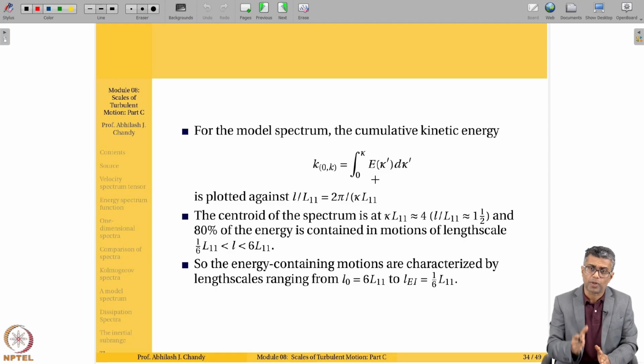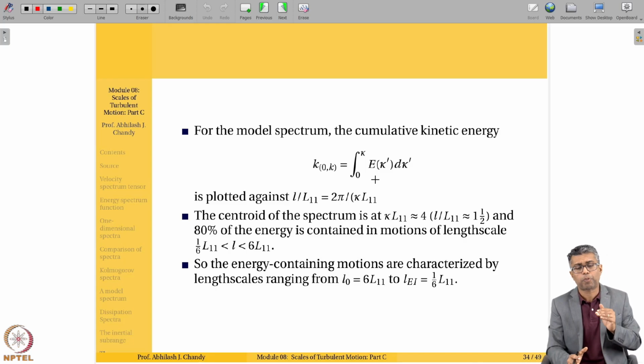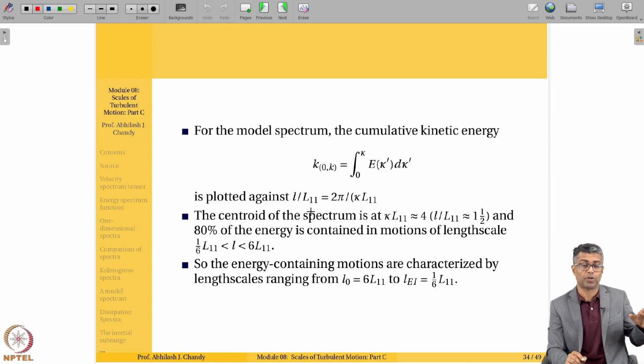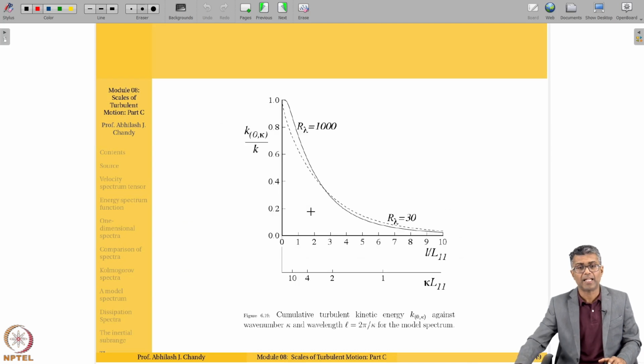You are integrating it until kappa, and you are calculating the turbulent kinetic energy until that kappa value. Then you're plotting that cumulative energy against L over L11. Just like earlier we plotted it against L over eta, here you're plotting it against L over L11, or 2 pi over kappa L11. Alright, and let's do some similar analysis.